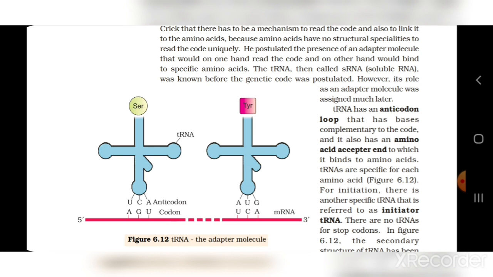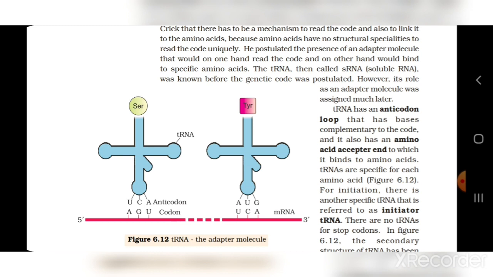Before the genetic code was invented, the tRNA was previously called sRNA, which was soluble RNA, and its role as an adapter molecule was reported later.